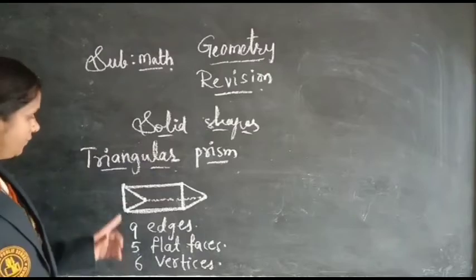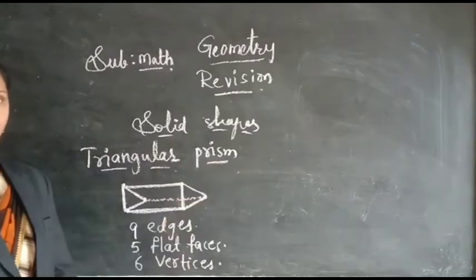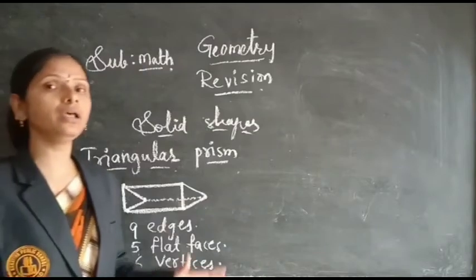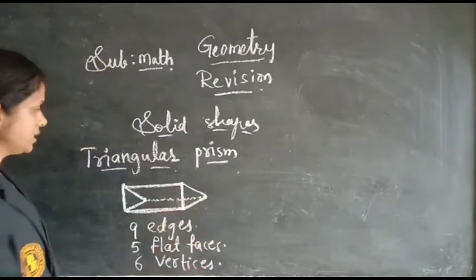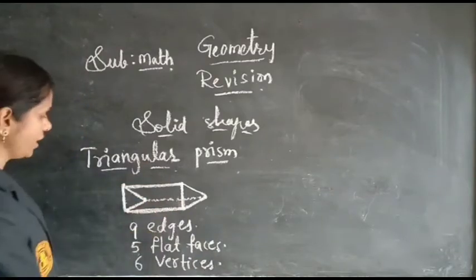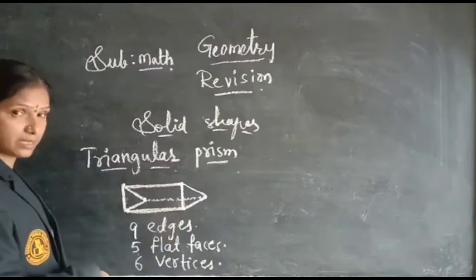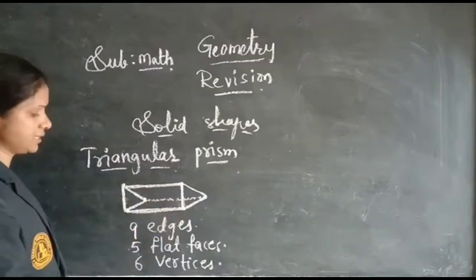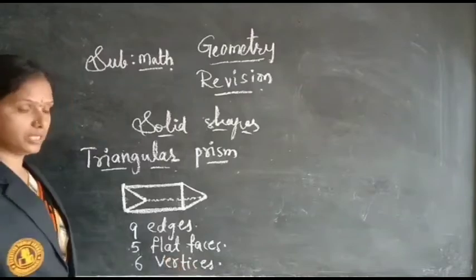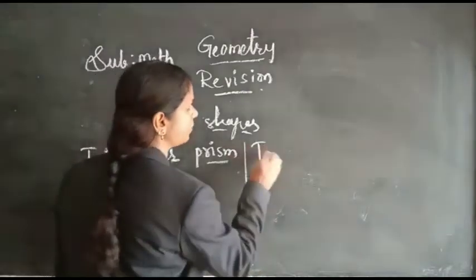See children, once again, for a prism, at the top it should have one edge or one surface. See here, you can see one edge. Now this is a triangular prism, and a triangular prism has 9 edges, 9 line segments, 5 faces and 6 vertices.